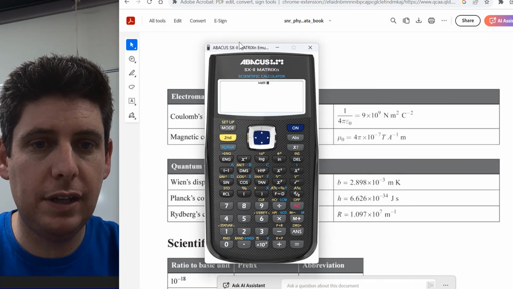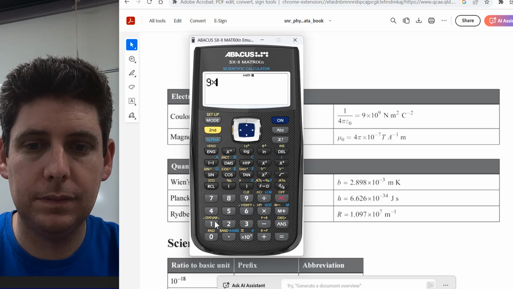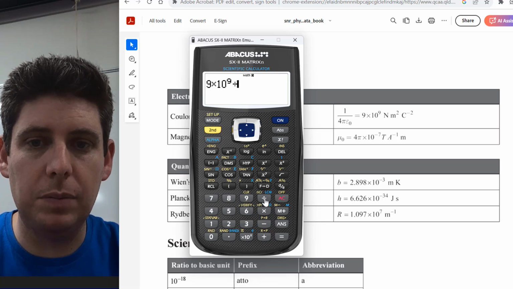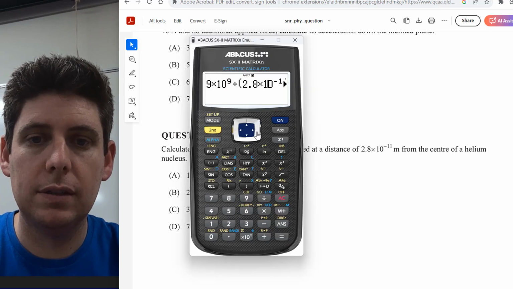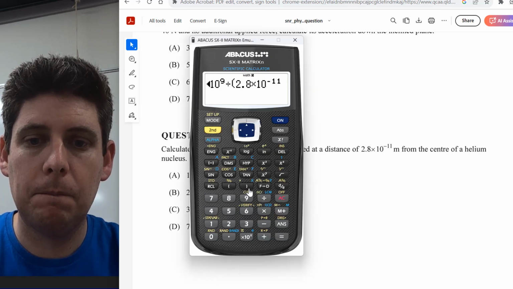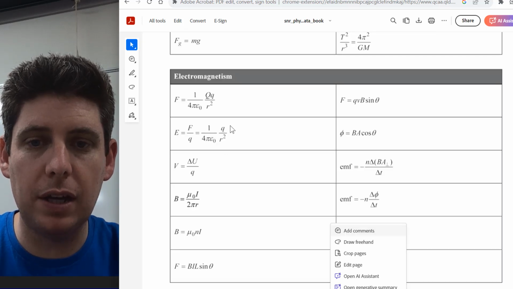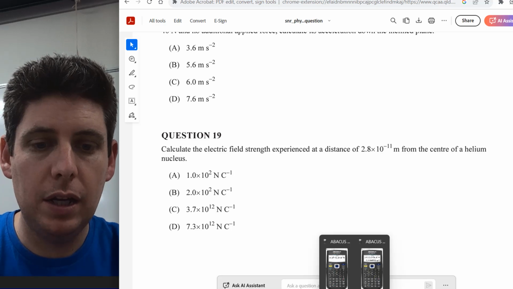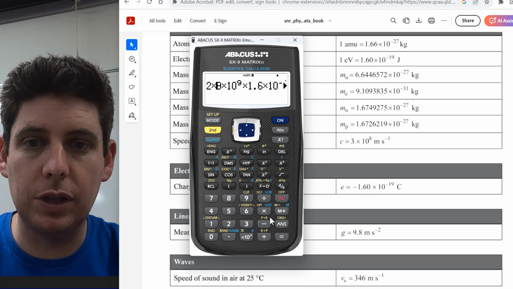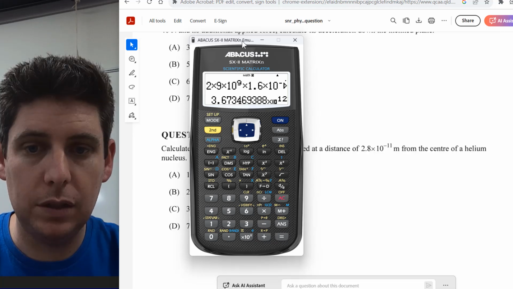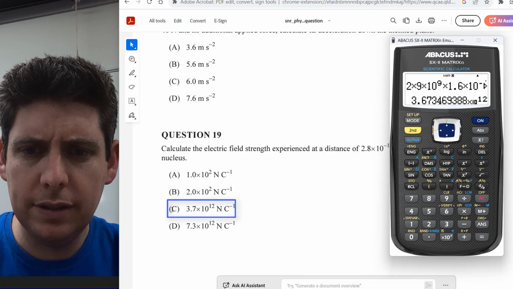This constant into the calculator, and then divided by the radius squared, and we need to multiply by Q. And there's 2 electrons, so we're going to multiply it by 2. So the answer is C.